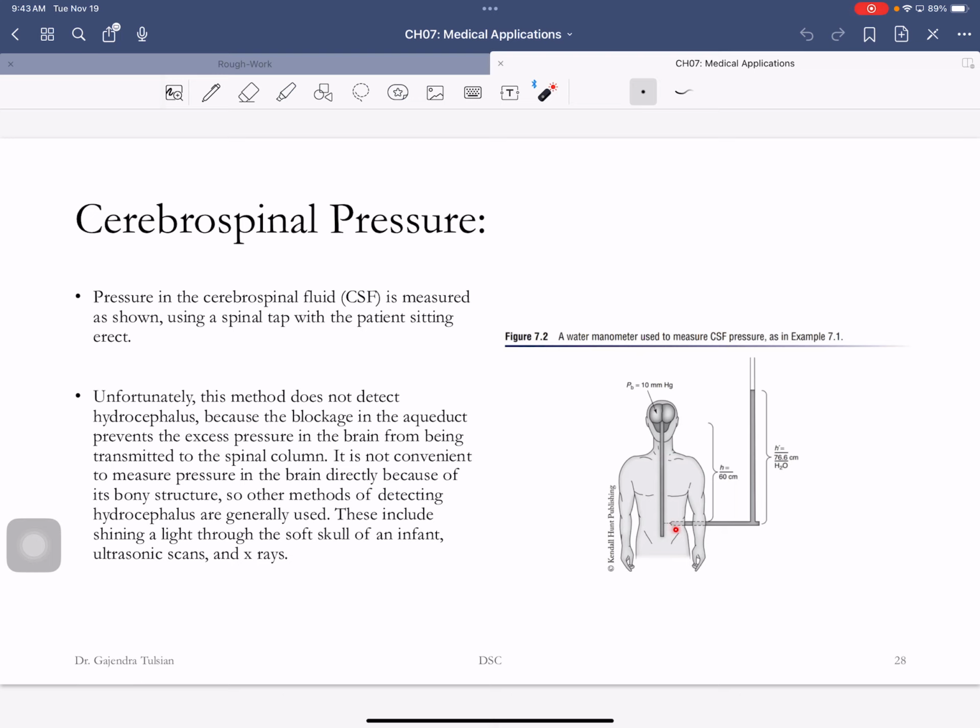So this pressure measurement cannot indicate to you whether you have a hydrocephalus or not. Okay? Unfortunately, this method does not detect hydrocephalus because the blockage in the aqueduct prevents the excess pressure in the brain from being transmitted to the spinal column.